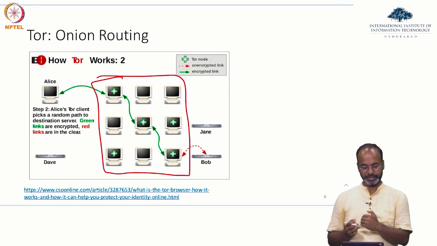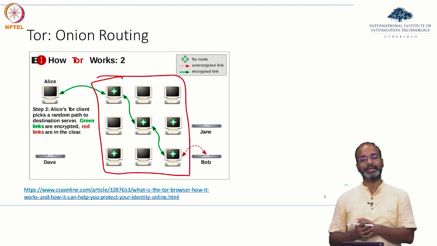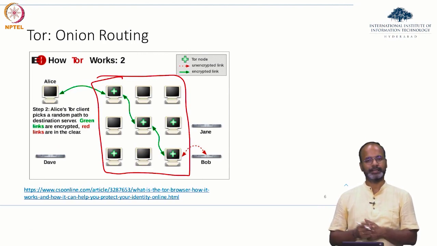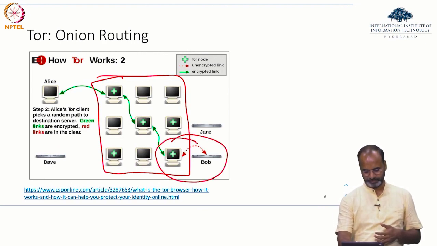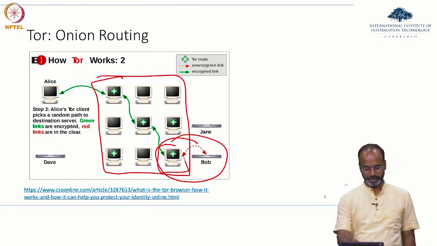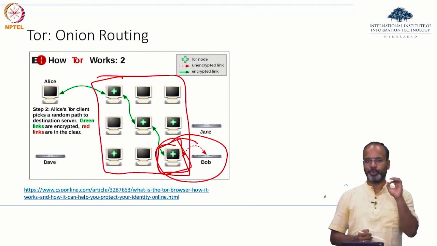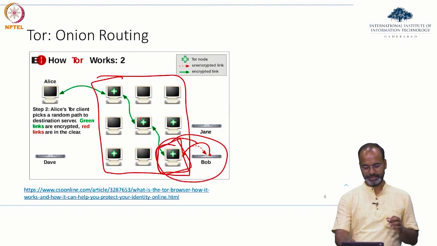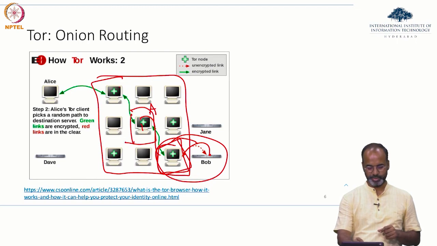The last bit, jumping from the exit node, as it's called, to the service that I want to access, is this one. And where does onion routing come into the picture? This node knows only that the data has to be sent to Bob and that it is coming from, let's say, server A. In the same way, this node knows only that it is coming from here and has to go here.